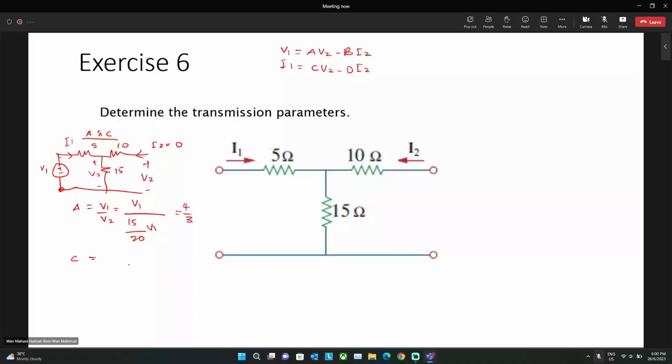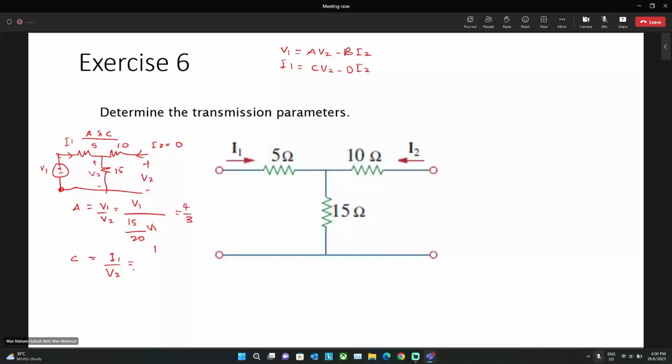For C, C is I1 over V2. So how do we calculate I1 from V1?